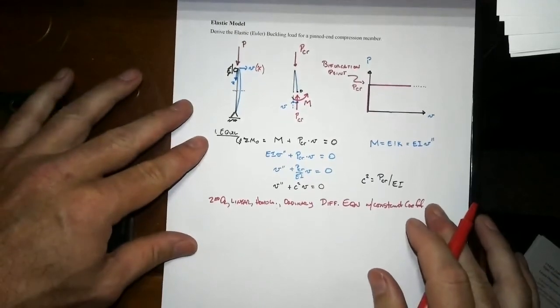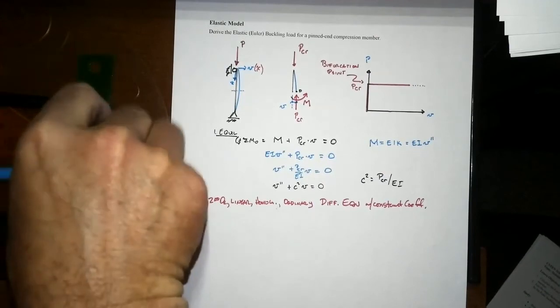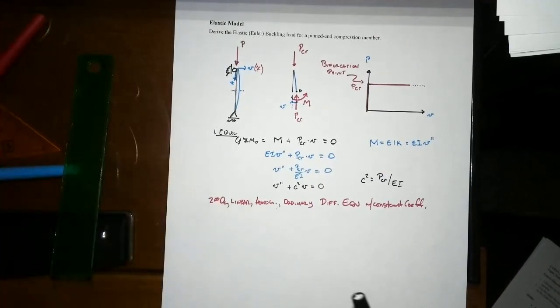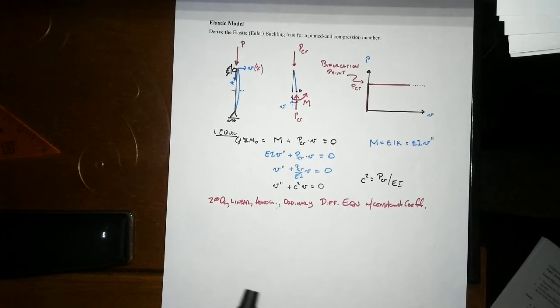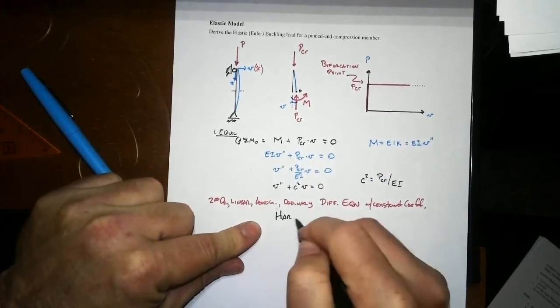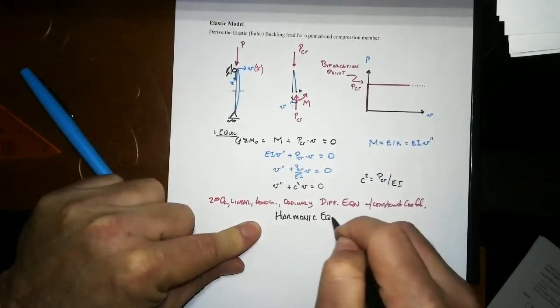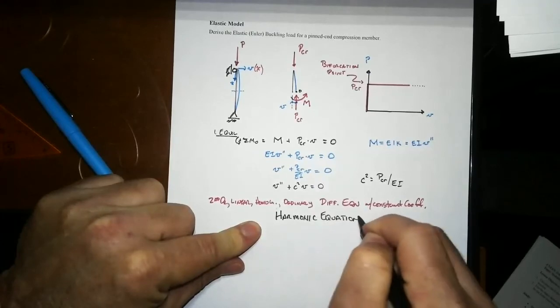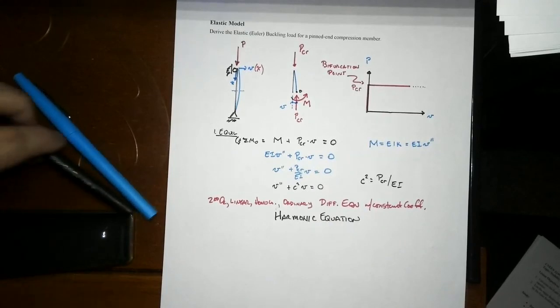Now this turns out to be a model that shows up over and over throughout engineering and science. It relates to how things vibrate, and particularly how musical instruments make music. And as such, this is also called the harmonic equation. Right, so we'll go find the solution of that shortly.